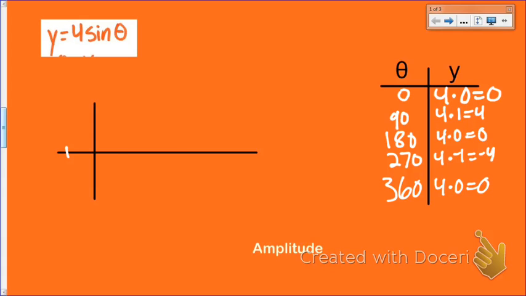So I can still graph this function. My lowest and my highest values are no longer at 1, now they're at 4. So when I plug in these points, what's going to change here is actually the amplitude.